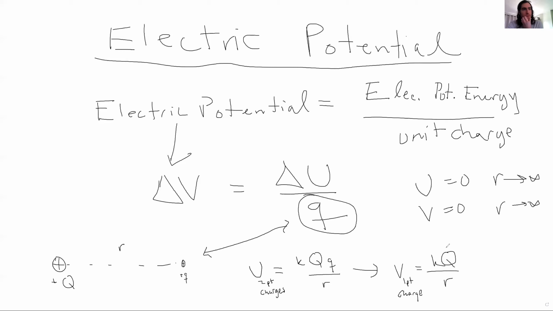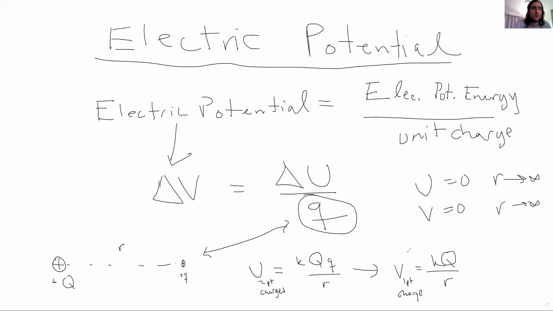Now, we could take a look at some situations where we have something even simpler than a point charge. I think we should do that first before we write down an integral expression for this potential. Remember, we had an integral expression for the work, and so we had an integral expression for the potential energy.